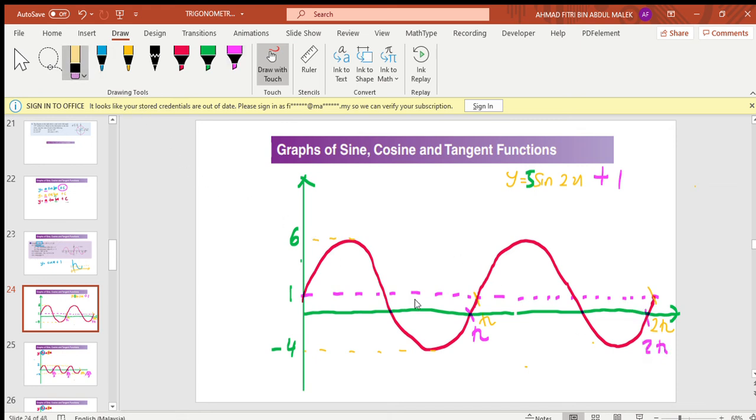So the pi and 2 pi are still at the same place, but just like you see, it's hanging up there, but it's still correct. Okay, so this is quite important, very important. So this is about graph sine.